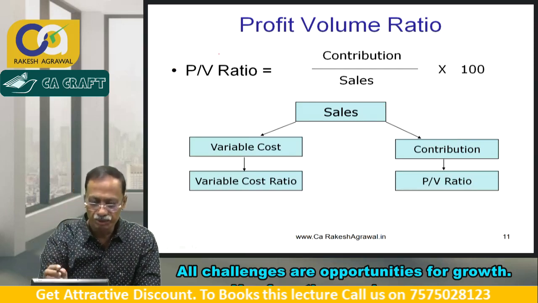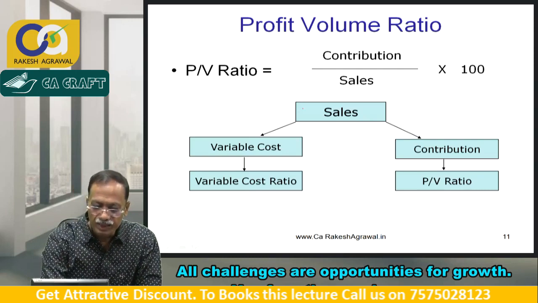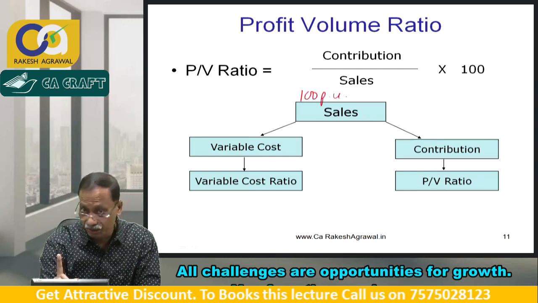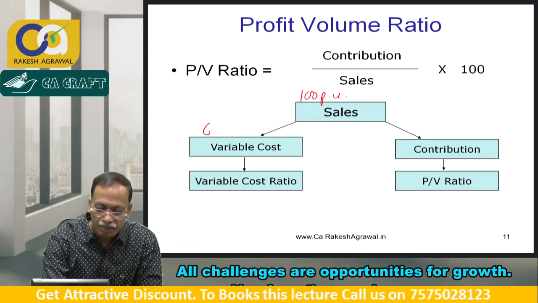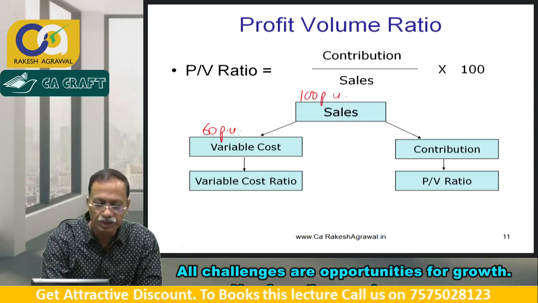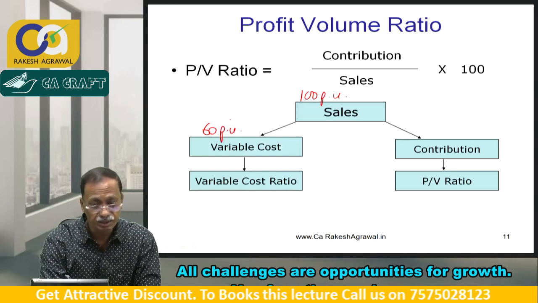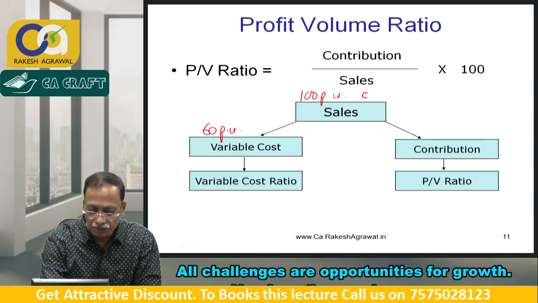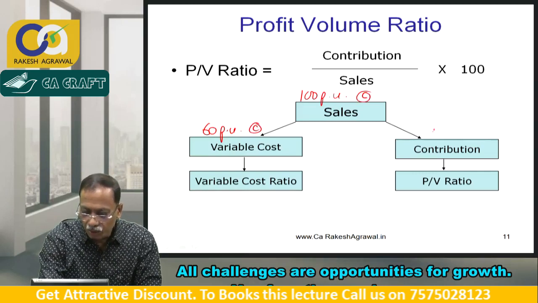Now one interesting observation. Suppose my sales price is 100 per unit, which will remain constant. Suppose my variable cost per unit is 60, which is again constant. Don't you think this contribution of 40 per unit will automatically remain constant?